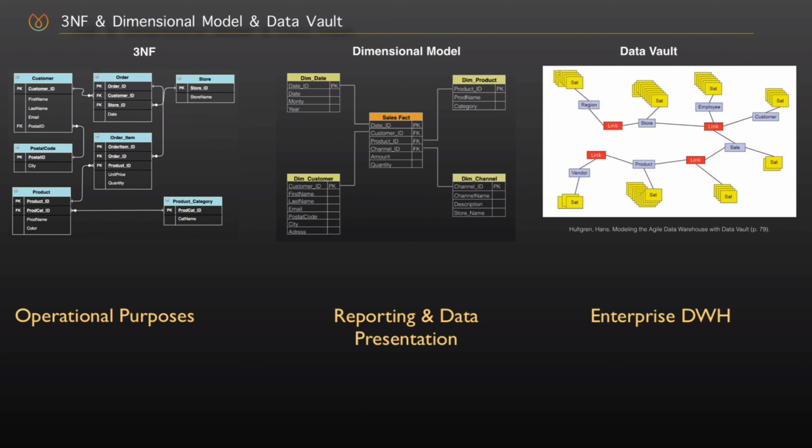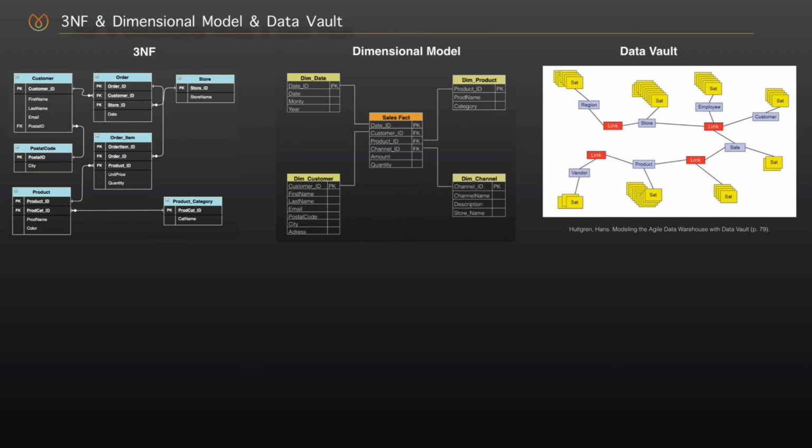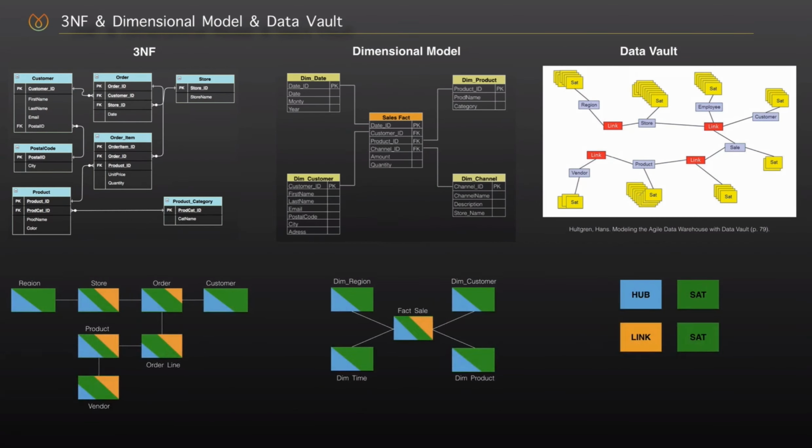So when we look again at the structure of these three approaches, a table in 3NF represents some form of entity. In dimensional modeling, the concept of an entity is replaced with facts and dimensions. And in Data Vault modeling, these components are classified into three categories as hub, link, and satellite.